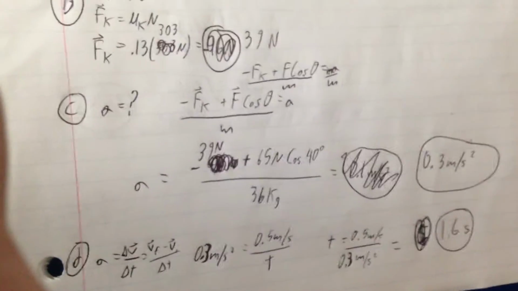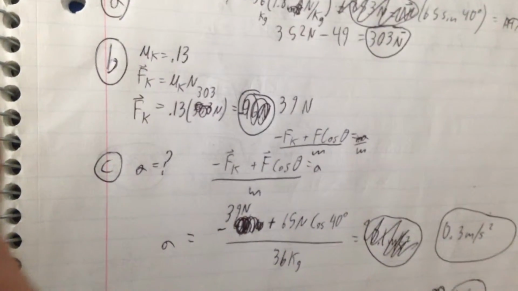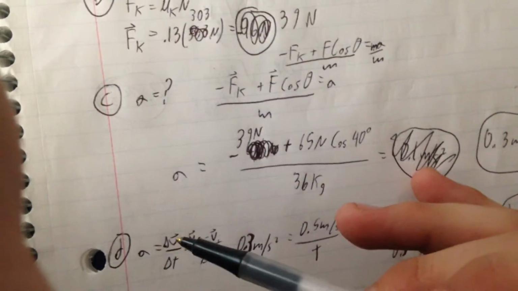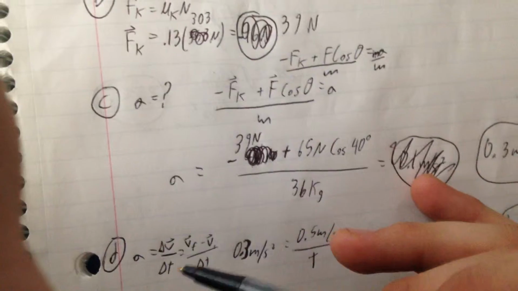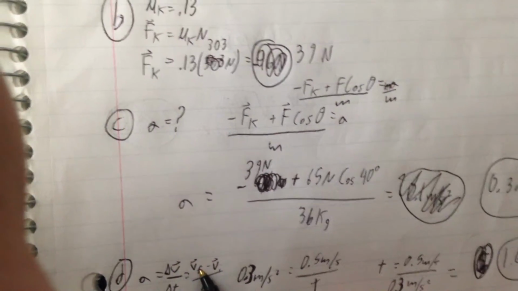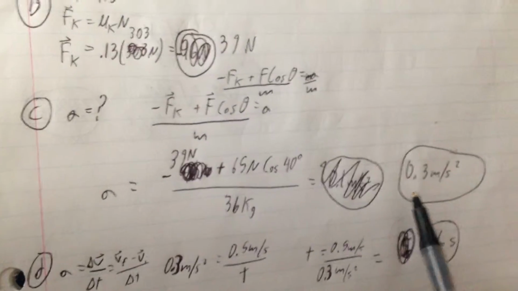And then on D, it says starting from rest, how long a time must she pull with that force until the suitcase reaches a comfortable walking speed of 0.5 meters per second. Now, acceleration is the change of velocity over change in time. If the initial velocity is 0 and the final velocity is 0.5, we know the acceleration because we found it up here.